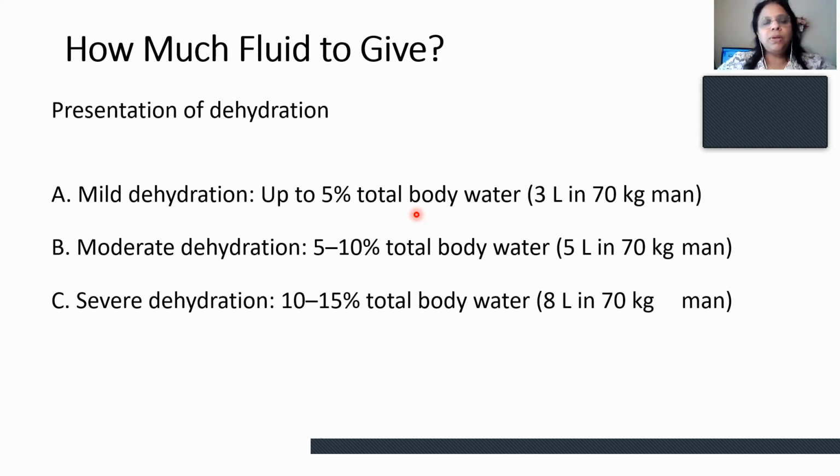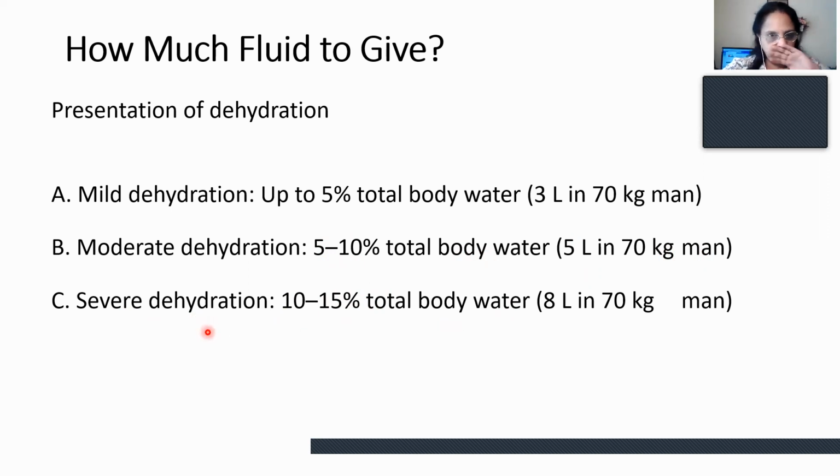Anyway, even with these buffers, the patient can go into dehydration. Now I'm going to talk about dehydration. There is mild, moderate and severe dehydration. We say 5% of the total body water loss is mild, 5 to 10% is moderate, and 10 to 15% of total body water loss is called severe dehydration.